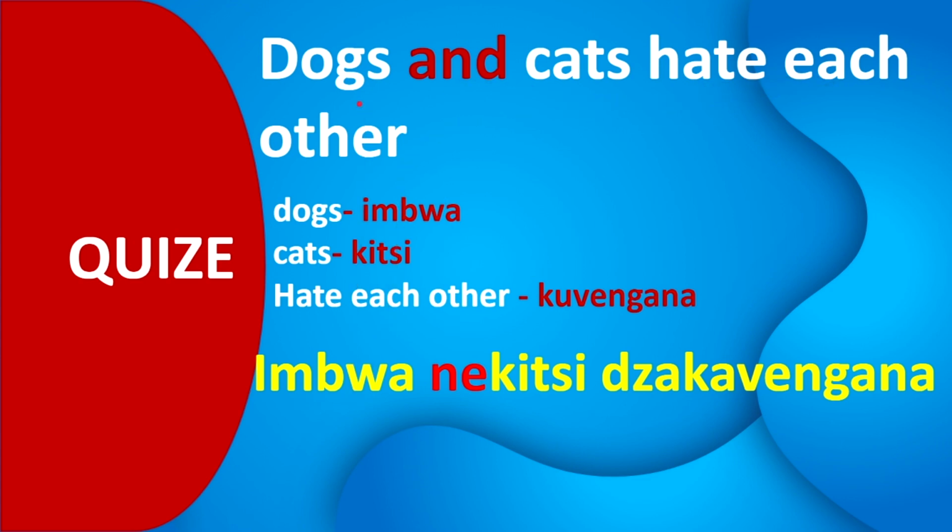Imbwa, which is dogs, and cats, ne kiti. Cats in Shona is kiti. Dzakavengana, hate each other. So imbwa ne kiti dzakavengana.